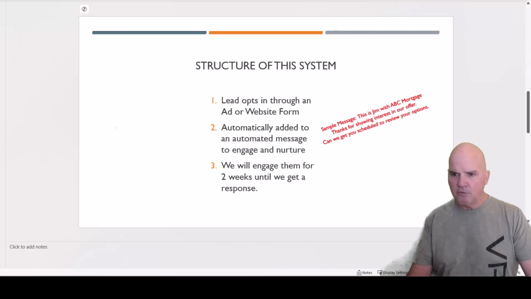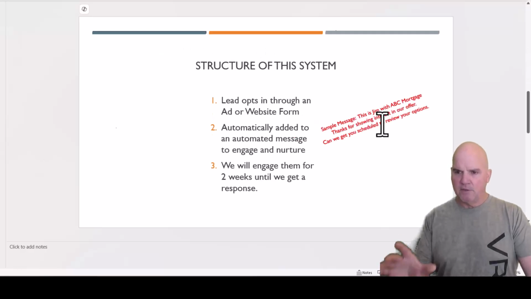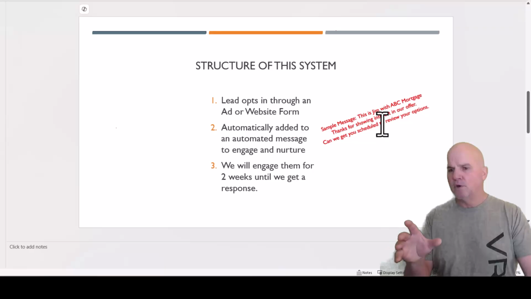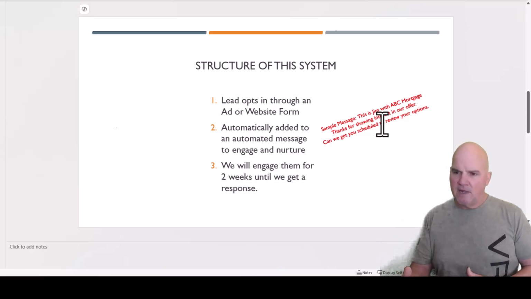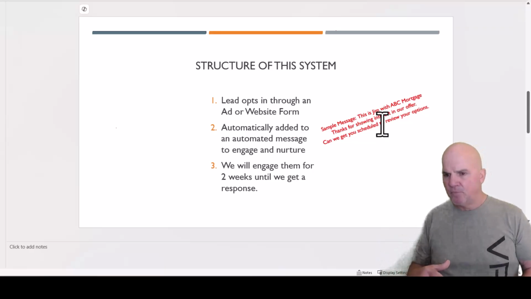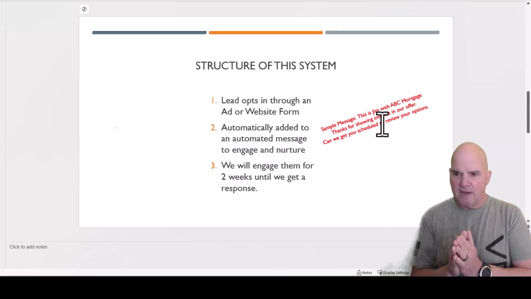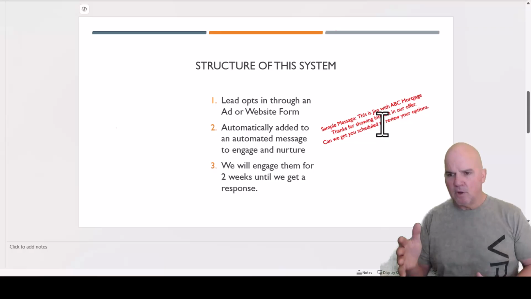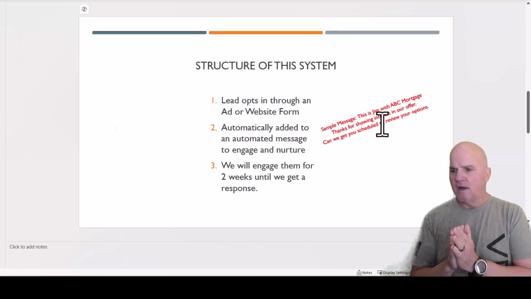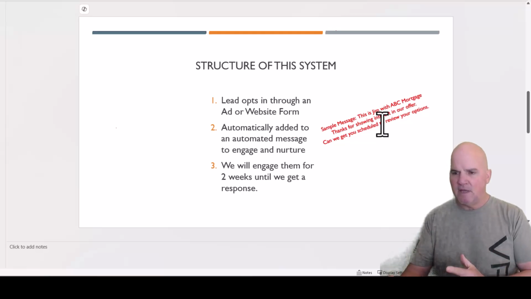And so we're going to talk about lead opt-ins, where it comes in, whether it's through an ad, whether it's through a website. We're going to even add in some chat bots with AI. And this will automatically add an automated message and get out, and will engage these people for at least 2 weeks.